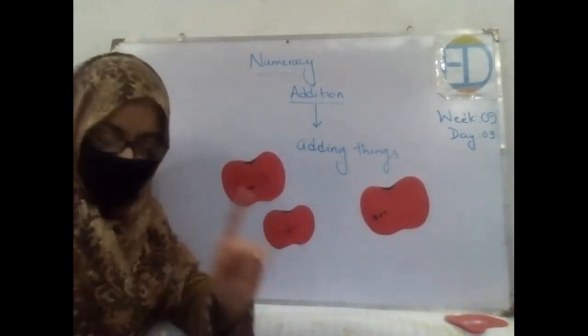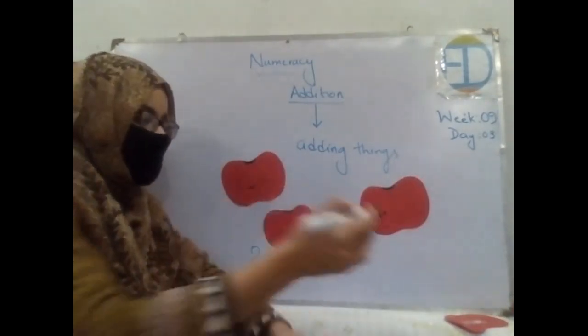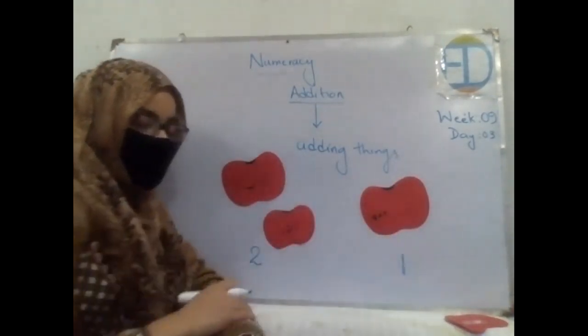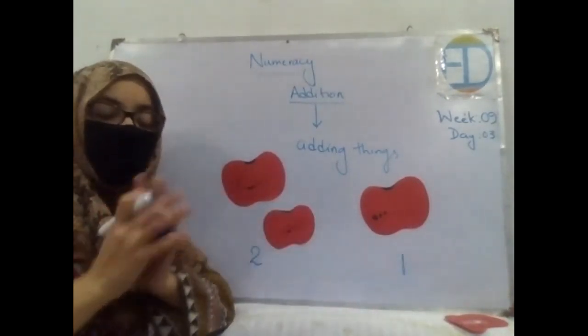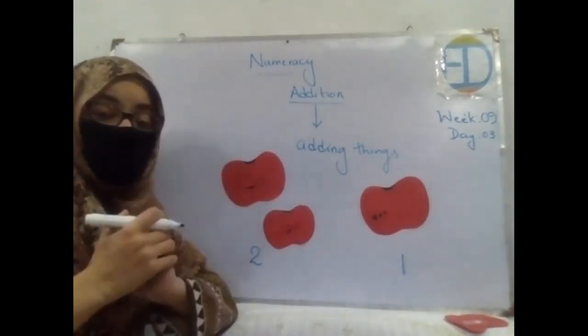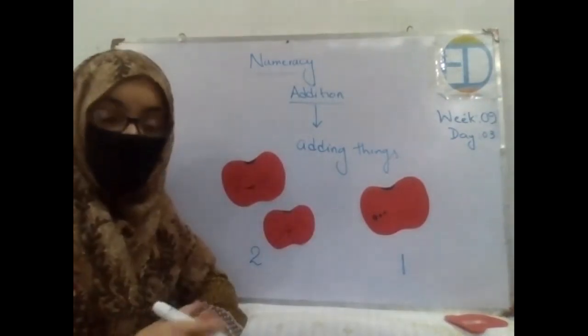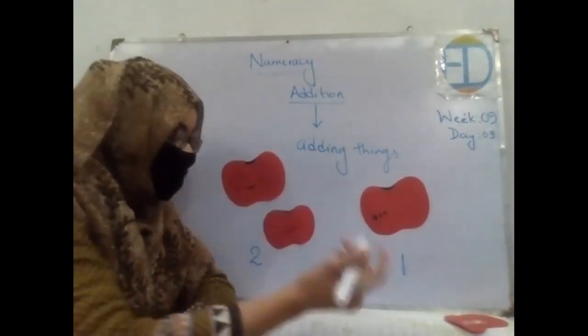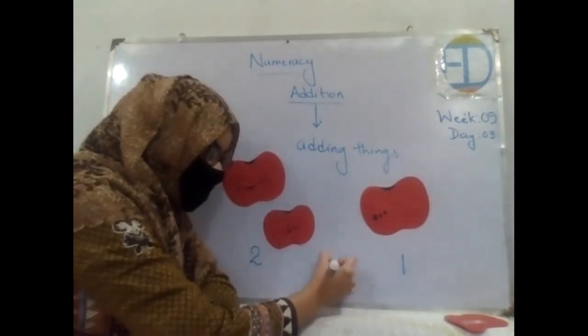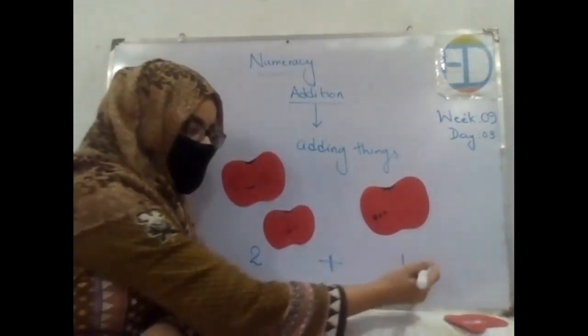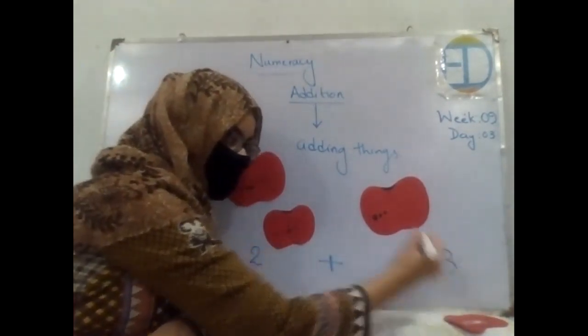You previously have two and your friend has given you one more apple. Now you want to see how many apples you have all together, or collectively, right? So what you will be doing, you will add them. So 2 plus 1 equals 3.